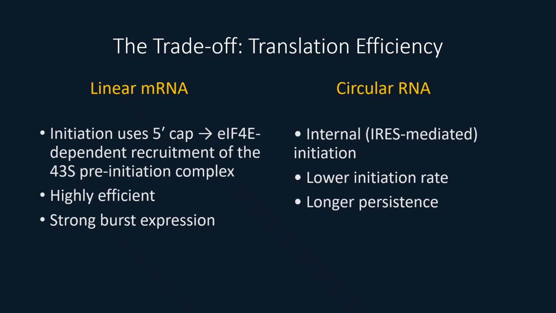But this mechanism is less efficient, with lower initiation rates, so the expression profile shifts. A linear mRNA gives you a high, fast peak, whereas a circular RNA gives you lower but more sustained output over time.